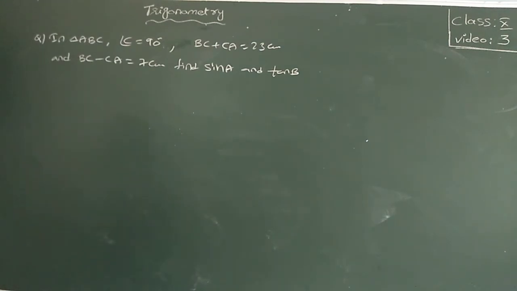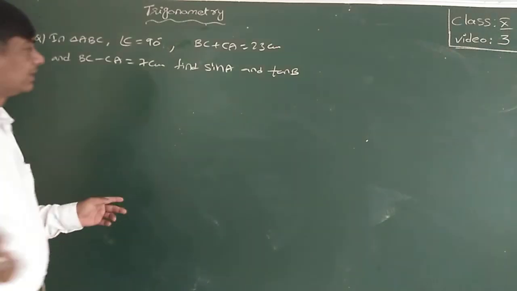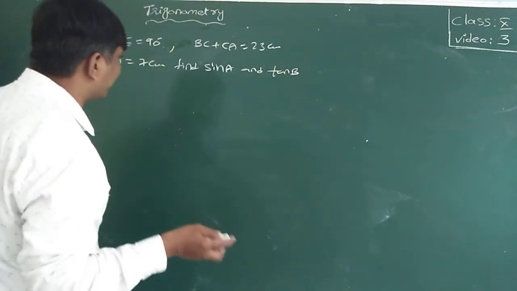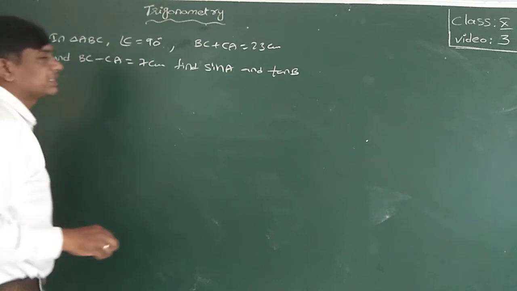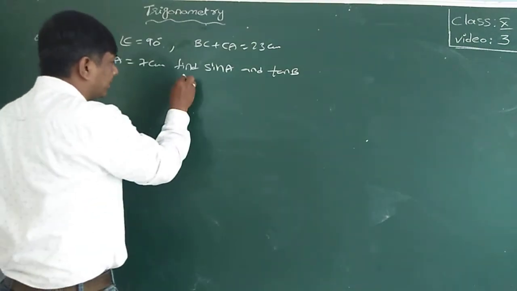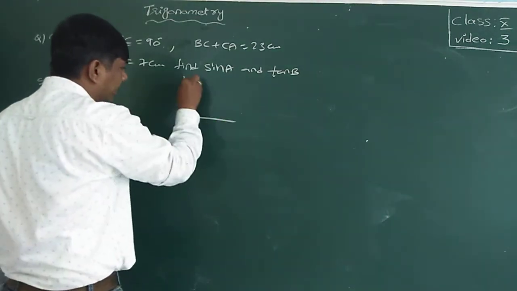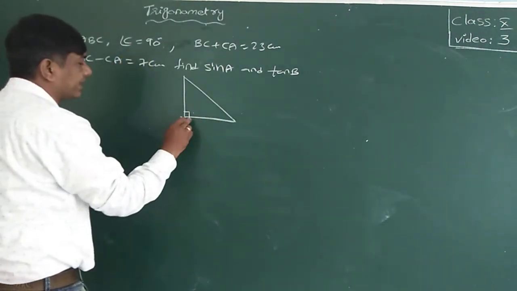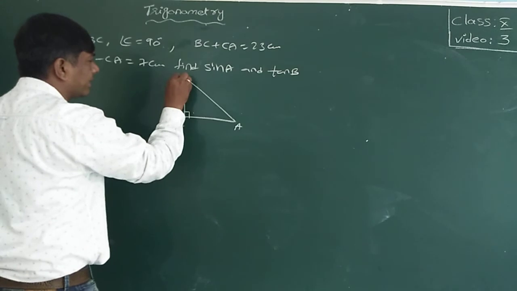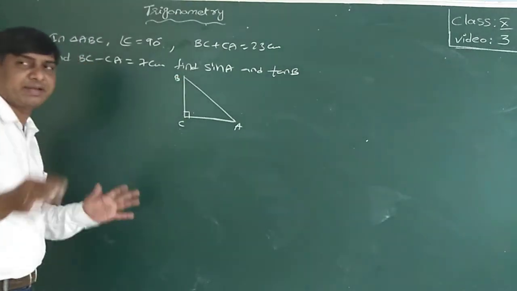In a right angle triangle ABC, right angle at C, BC plus CA is equal to 23 centimeters and BC minus CA is equal to 7 centimeters. Then find sin A and tan B. Very interesting problem, please listen carefully. Angle C is 90 degrees, and you can take A and B anywhere.